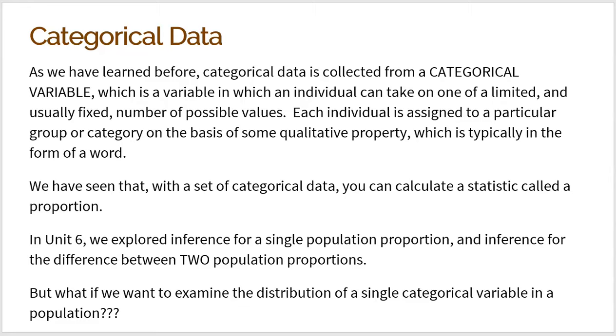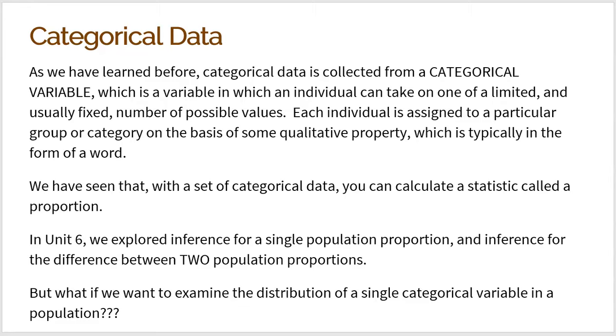And then we were also looking at the difference between two populations. So we might say, is there a difference between the proportion of people that have blue eyes amongst men and women? Or maybe another example could be, what proportion of people own a Ford car in the US versus China? But the point is, we're only looking at one category within that variable.